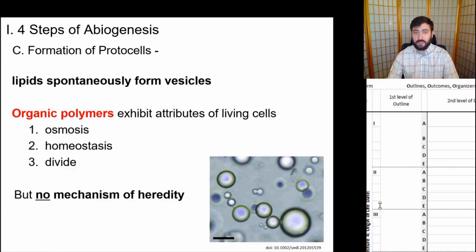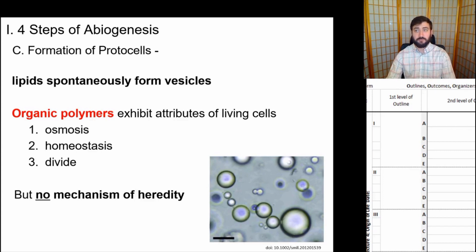So now we have these simple building blocks and some of the more complicated building blocks, but no cells yet. So what happens when you drop lipids into water? Remember we talked about that a little bit ago? Well, these lipids can form vesicles, right?